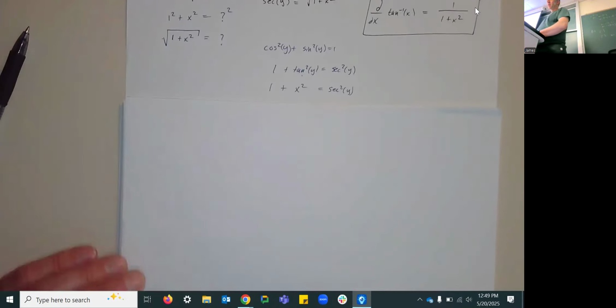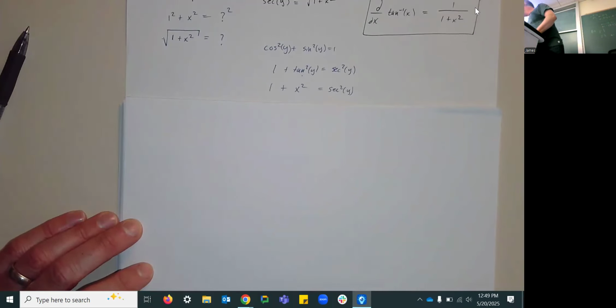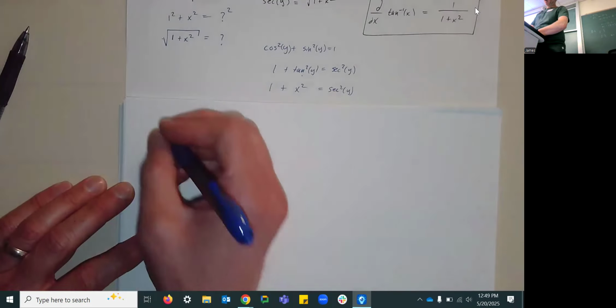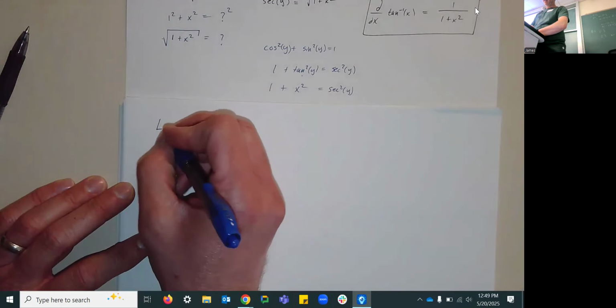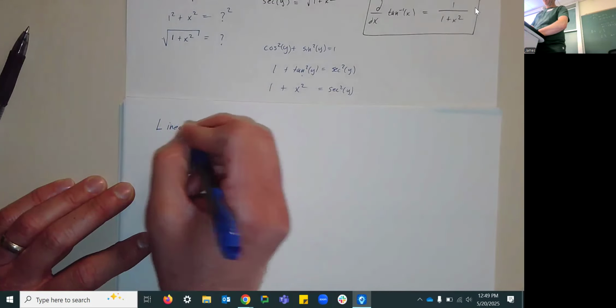Okay. Where are we at? Let's see. Let's talk about, I think this is section 3.8, linear approximations.